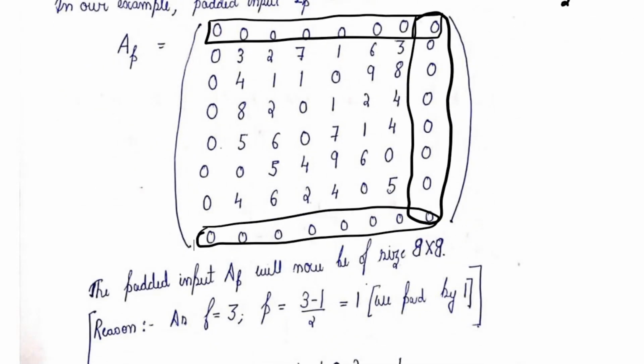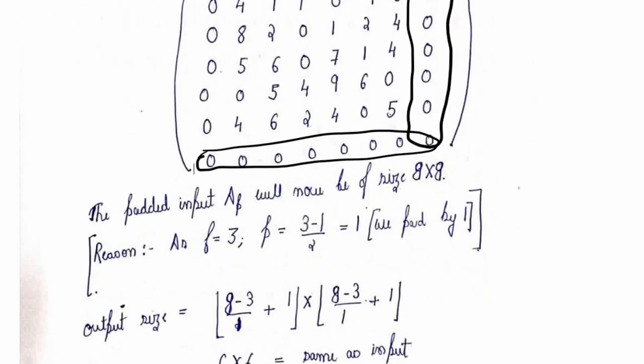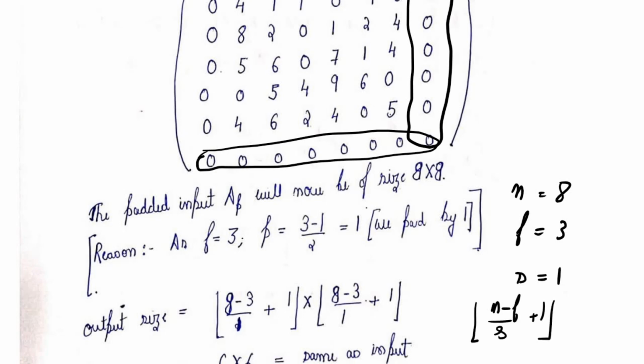Now if I apply the usual formula which we had previously, that if now the matrix is of size 8, the kernels are of size 3 only, and we consider the stride s is equal to 1, then the value of the output size is going to be (n minus f) by s plus 1, and definitely if I apply the floor to it, it is going to be 6.